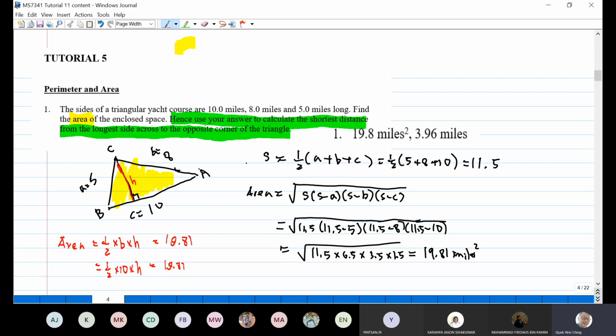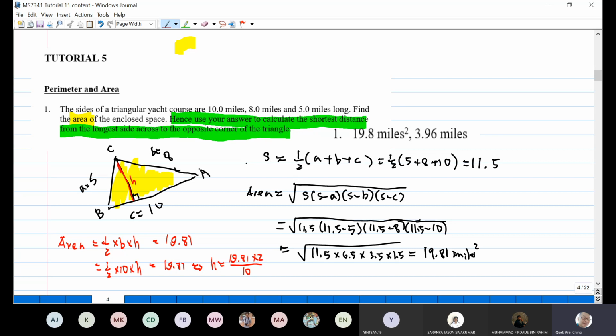Okay, so from here, I know what the height is now. It's actually height equal to 19.81 times 2 divided by 10. Alright, so let's see, 19.81 times 2 divided by 10.